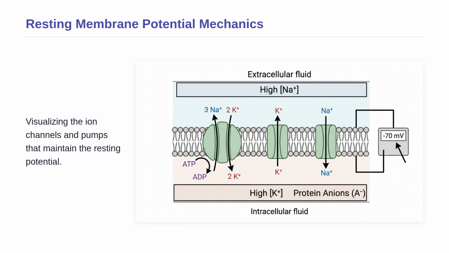The potassium leak channels allow potassium to easily exit the cell, which we proved is the dominant movement creating the negative charge. You can also see the sodium-potassium pump, actively using energy to push 3 sodium ions out for every 2 potassium ions it brings in. Together, these structures maintain that perfect negative 70 millivolt reading shown on the right.